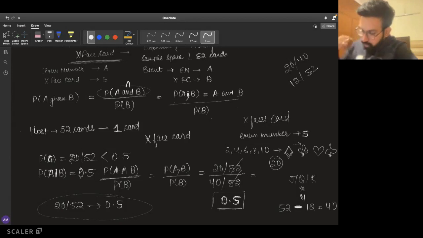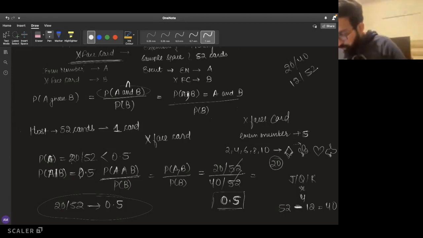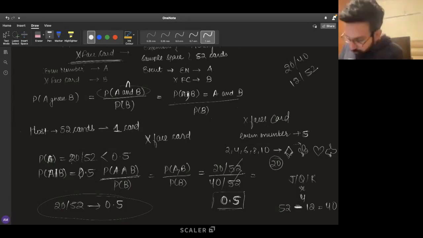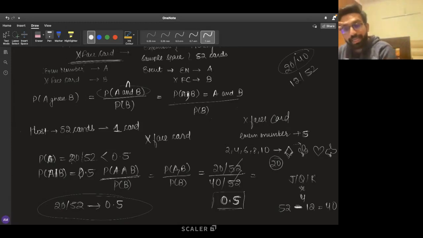I understand probably what you might not be able to understand, but I am still trying to figure out why you would make the numerator 20 by 40. So 20 is basically the probability of even numbers, right? In the numerator we should write the probability of A multiplied by the probability of B, right?